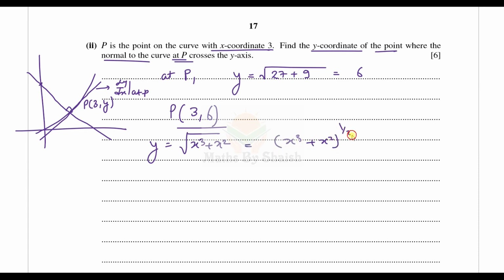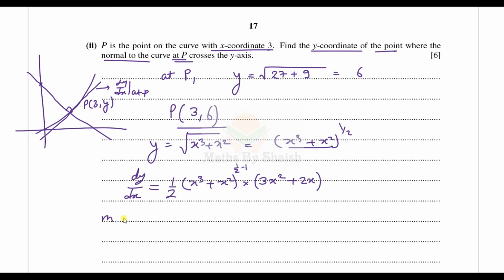So dy over dx will be 1 by 2 times (x cubed plus x squared) to the power 1 by 2 minus 1, and then by the chain rule we differentiate the bracket, which gives 3x squared plus 2x. So we write the gradient m.